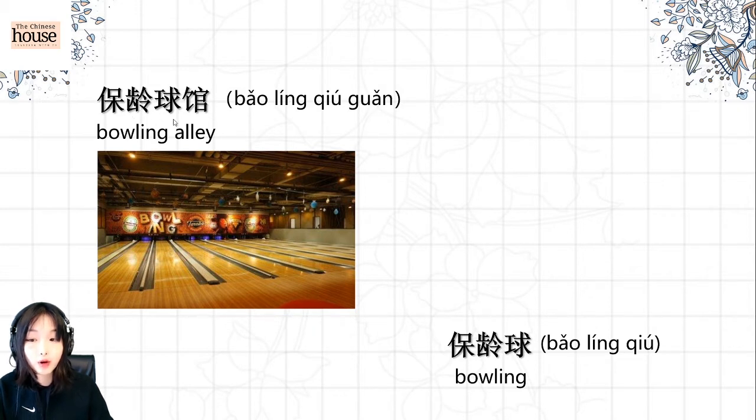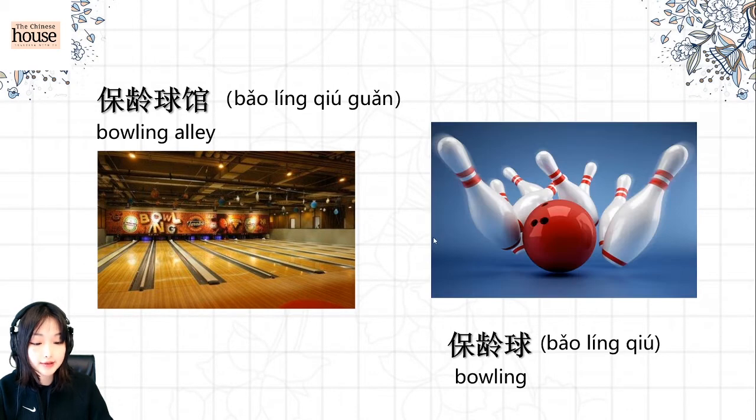So the bowling in Chinese is directly translated from the sounds of English. 保龄球, it is bowling. And 馆, which means hall, we have learned in restaurant, 餐馆. 保龄球馆.